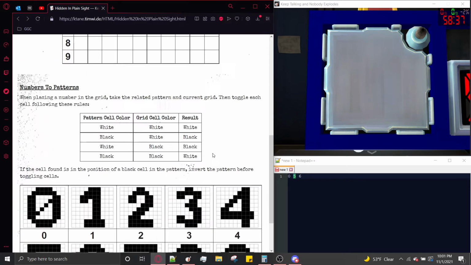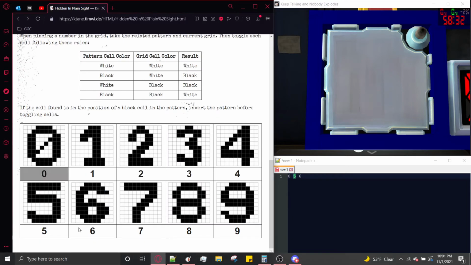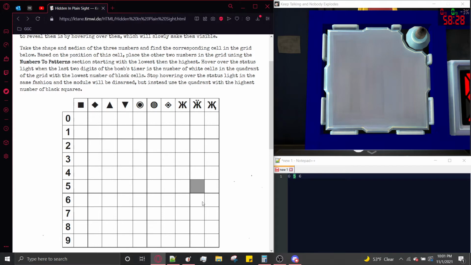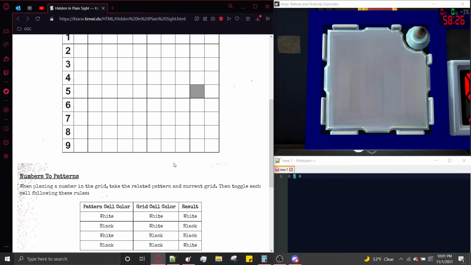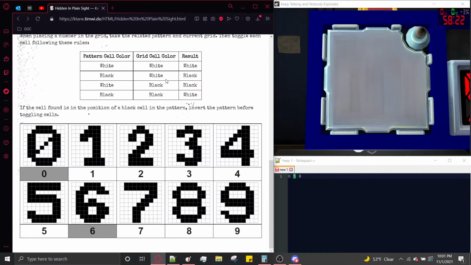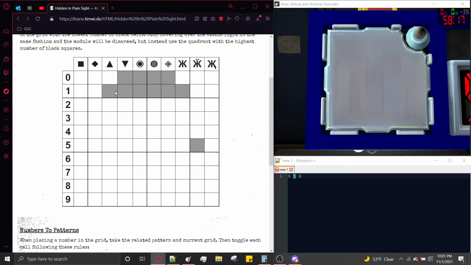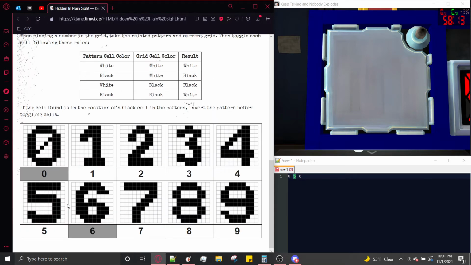Now, what do we do? We are going to interlace the patterns of the other 2 numbers onto this grid. So we're going to stick the 0 onto this as such. We're going to highlight the 0 onto this grid, and then we're going to put the 6 onto the grid in the same manner.